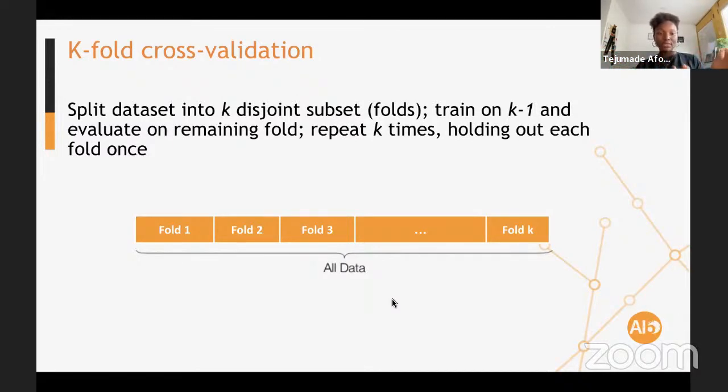So you're going to train on all of the folds but one. That one that you kept would be what you test on, and you repeat it. You repeat the training k many times, holding out one fold each time for your testing. So this is very, very popular.